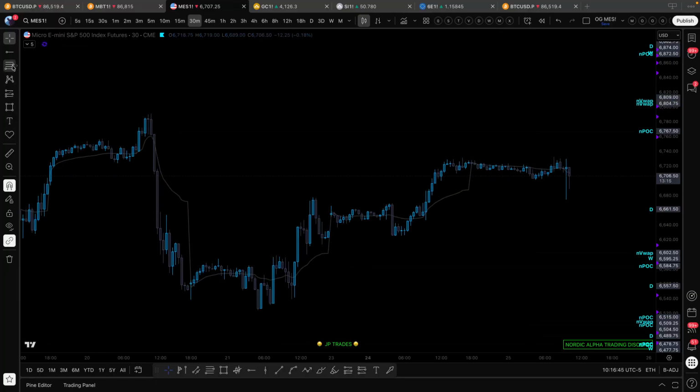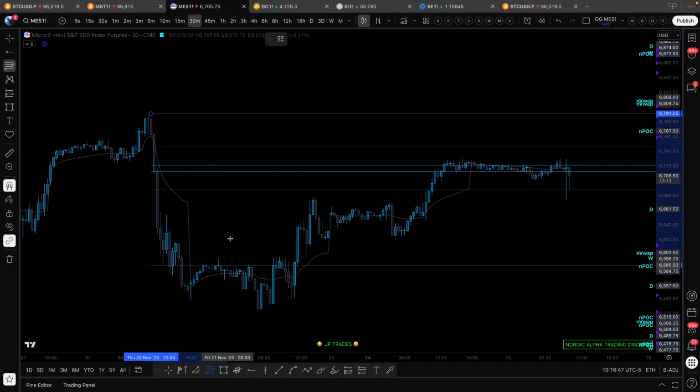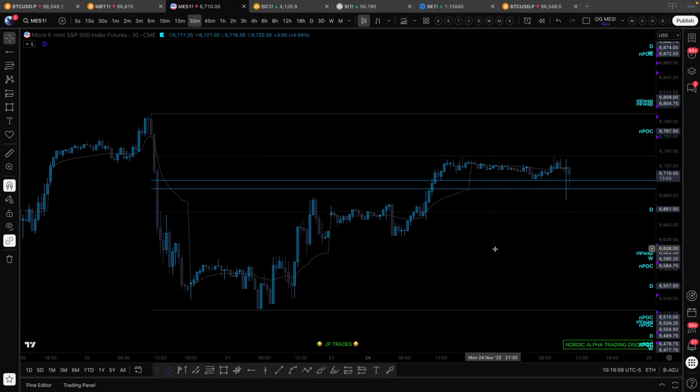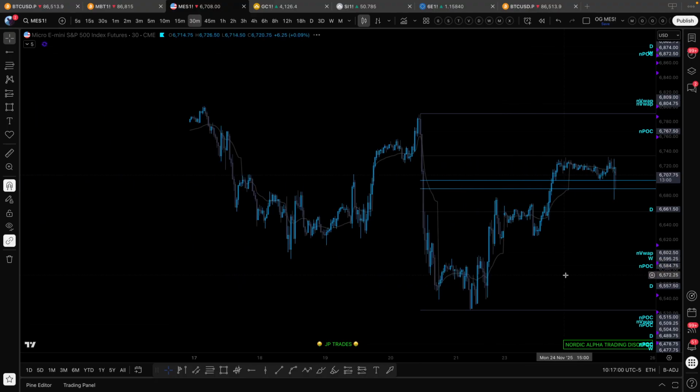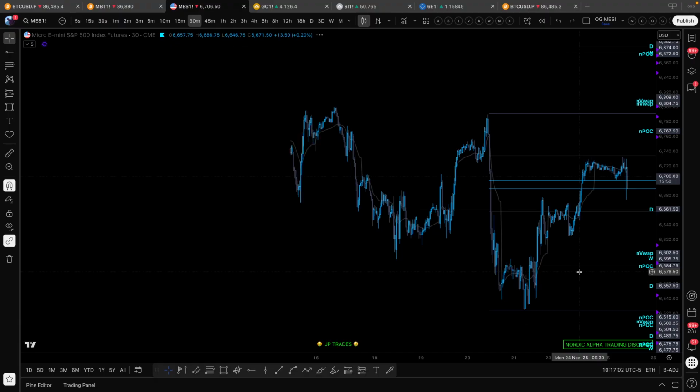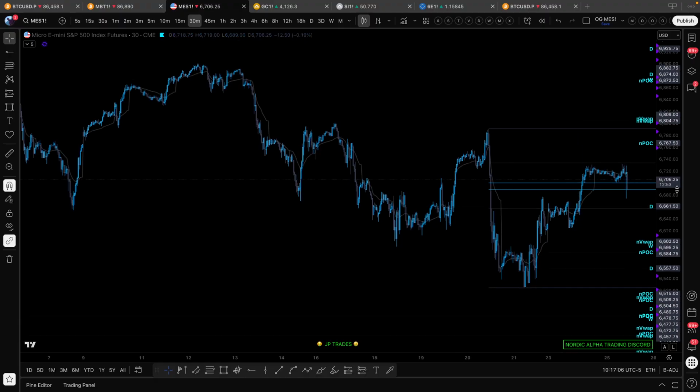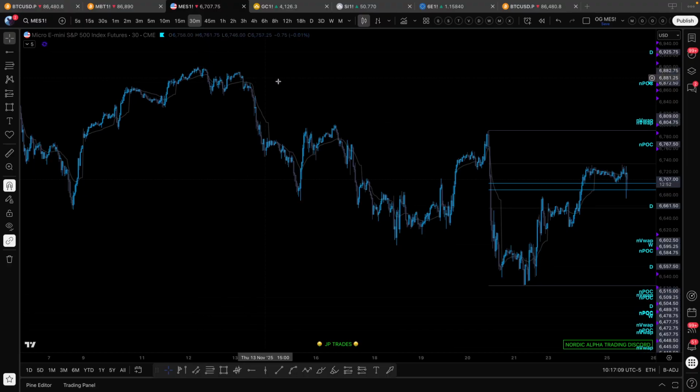Okay, so let's take a look at our range here. We did come up to this nice golden zone, almost hit the 786 there, but not quite. You can see we're kind of following this trend line here, or maybe a channel.